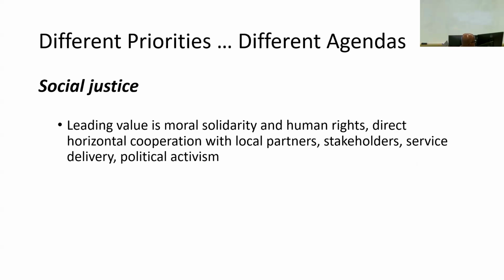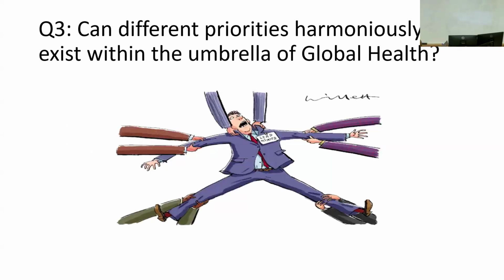Social justice. Leading value is moral solidarity and human rights, direct horizontal cooperation with local partners, stakeholders, service delivery, political activism. What I want you to appreciate is that it's not that these things have a hierarchy.